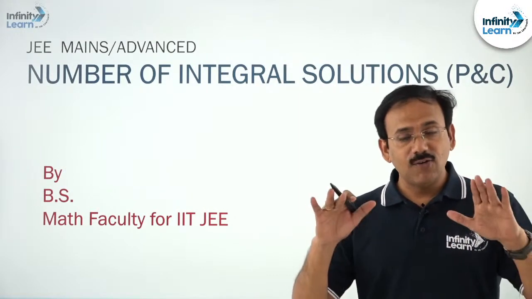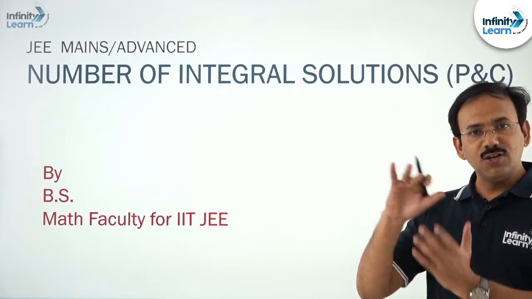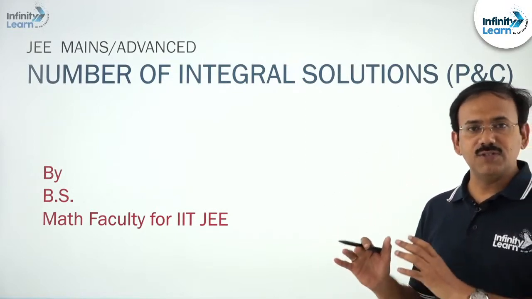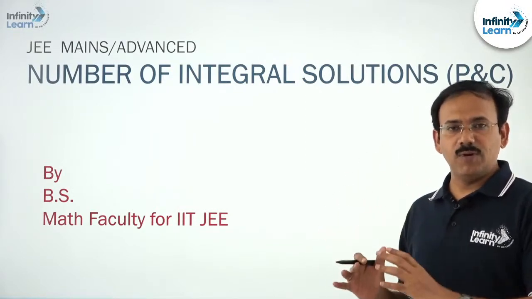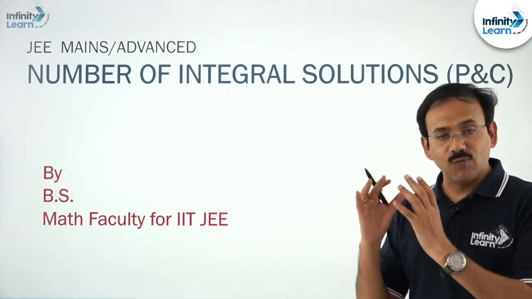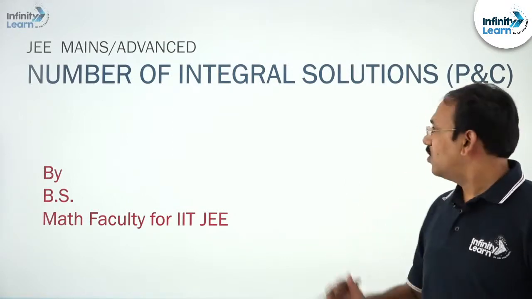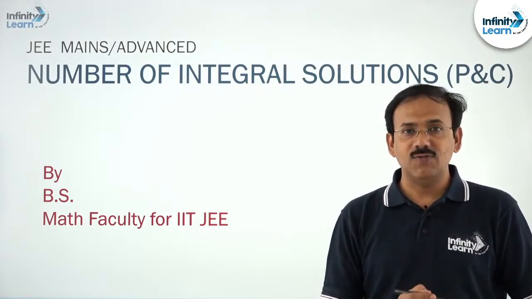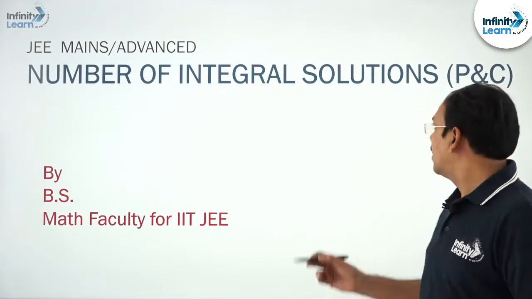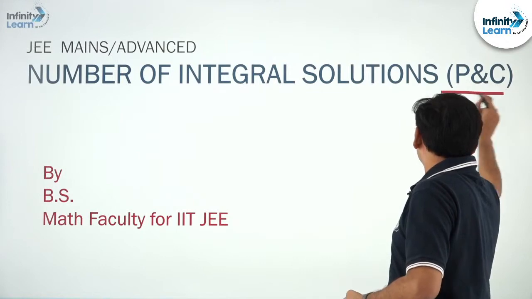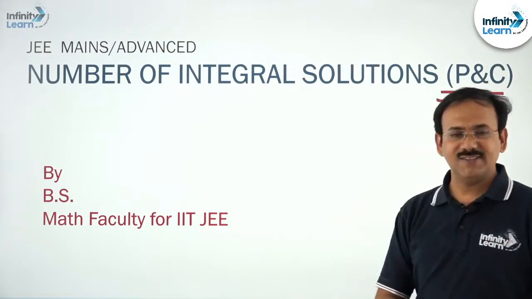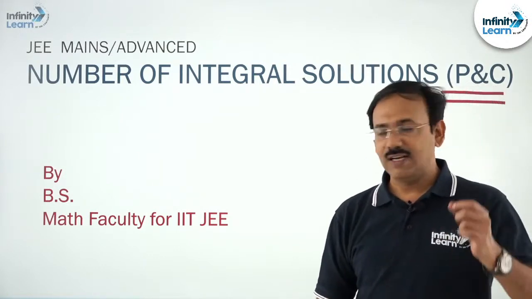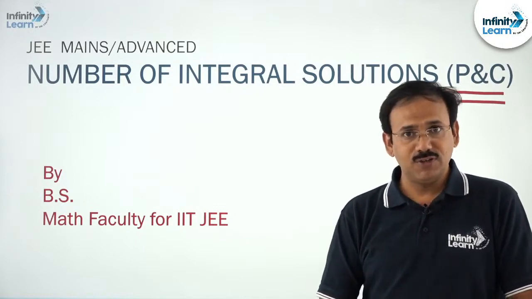Now in this class, in continuation to that, we are going to see a wonderful set of problems, all the models at one place, related to integral solutions of certain equations, especially linked with permutations and combinations. So shall we move into the topic?